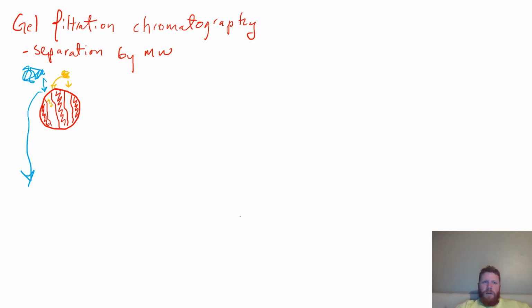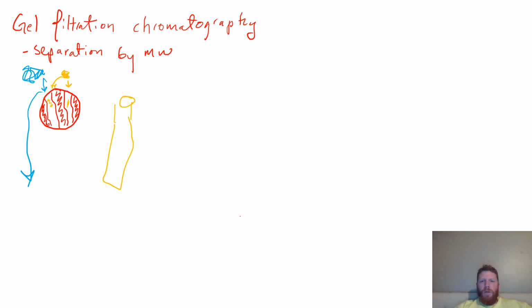However, it is going to get stuck for a considerable amount of time. And when it gets stuck, its ability to migrate through these pores is delayed quite a bit. Will it make its way through? Absolutely. But it's going to go through at a much slower rate. And so globally, it's going to migrate through this entire column much slower than our blue protein.